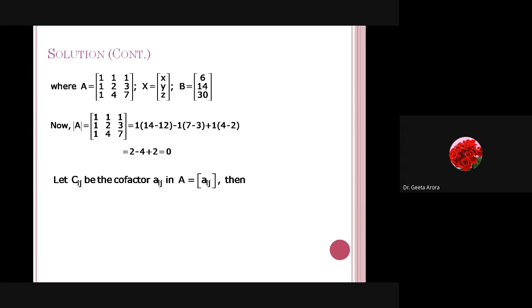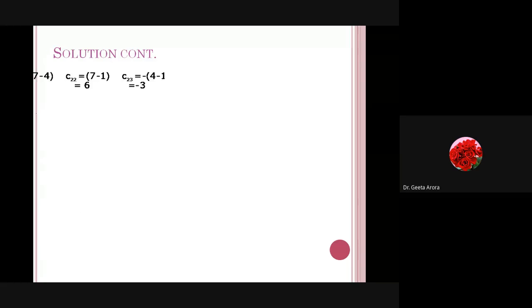So what we have to find out is the cofactor matrix, and see whether the adjoint is coming or not. Correct? So after obtaining the cofactor matrix, the transpose of the cofactor matrix is given as adjoint A. And if we multiply adjoint A into B, what we are getting is that it's also coming as 0.